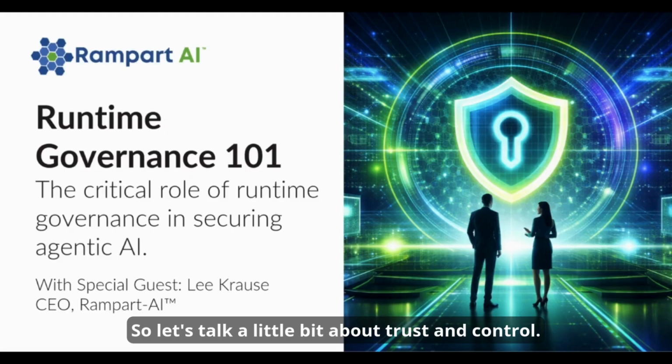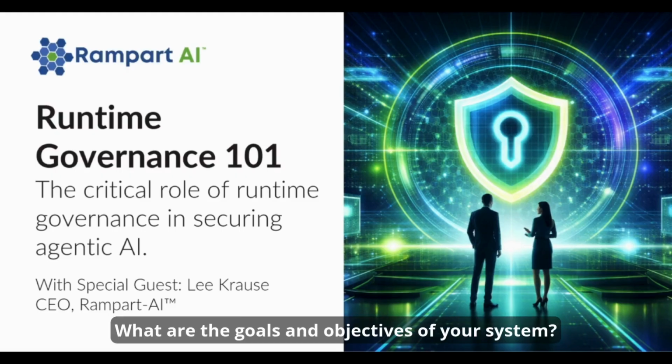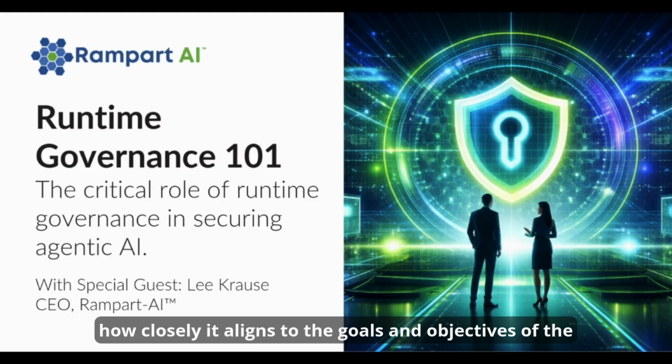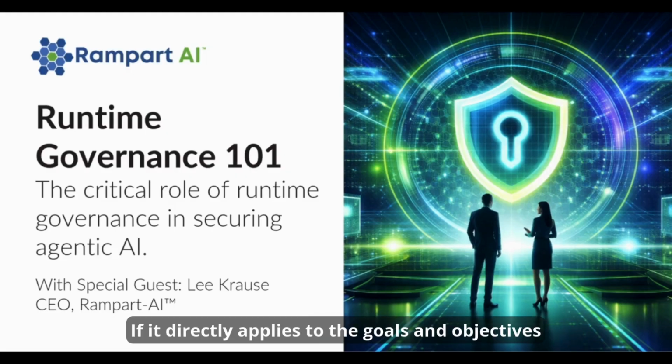So let's talk a little bit about trust and control. How do you balance these two attributes when AI agents are making decisions on the fly? It's going to fall back to this concept of what's inside and outside of the safe zone. What are the goals and objectives of your system? You're making decisions based on how closely an action aligns to them. If it directly applies to the goals and objectives, it's easy to determine it's inside and safe.